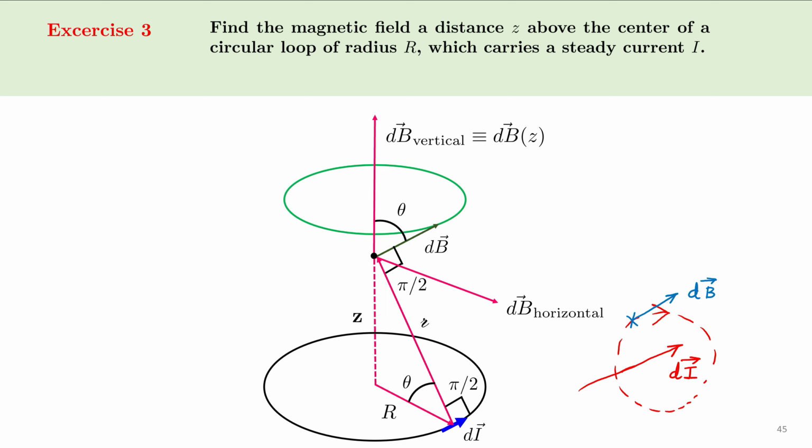Now we are only left with the vertical components, and all the vertical components add together to result in the resultant field. So which will be the magnetic field B, that is due to the circular coil. With this background, we'll try to solve this problem.